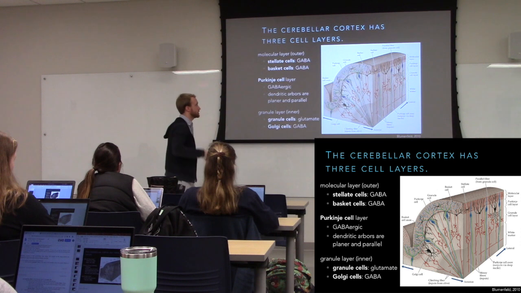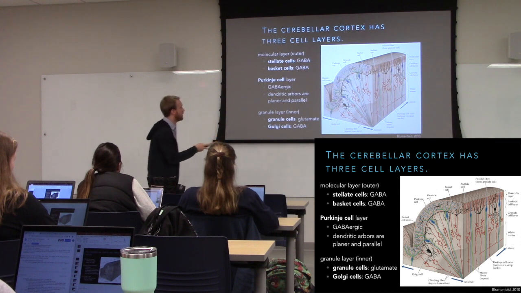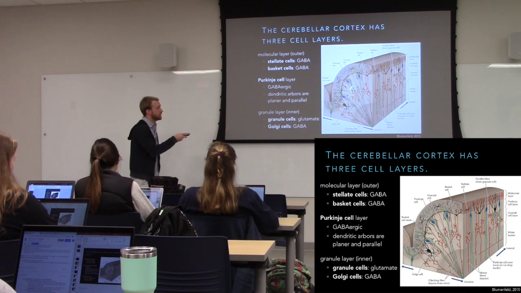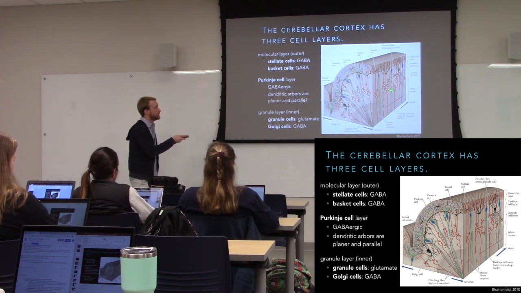This is a cross-section of all the axons created by our granule cells that live down there in the granule cell layer. So we have our outer molecular layer, then the Purkinje cell layer, and then the innermost granule cell layer. Here's our input. A bit of a filter, output. Purkinje cells are going to be the output to the deep nuclei. The granule cells are going to be the input.